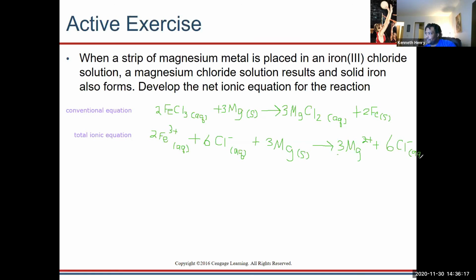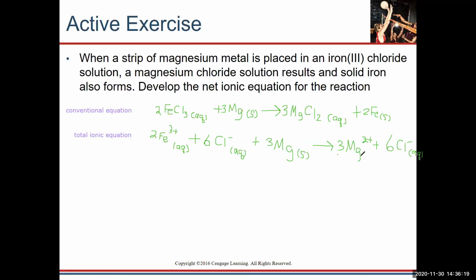Yeah, aqueous. And then 2 iron, and it's a solid, so no charge. Okay.